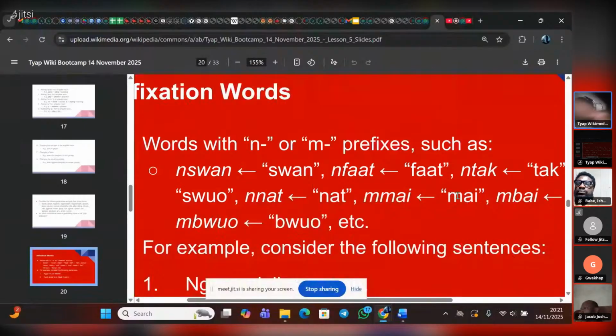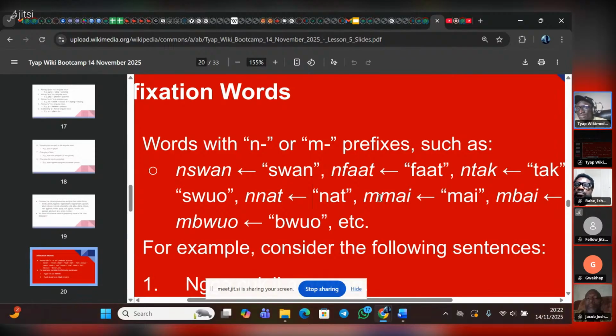We have my combined with the m prefix, because another thing is that the n prefix is used for plosives, and then m for nasals. Even though the n is also a nasal, whenever we have ma as a word and want to prefix it, we don't usually use n here like some Tyap speakers do. For example, they want to say ma, they will now put n, nma. This is not correct, both linguistically and in Tyap itself.